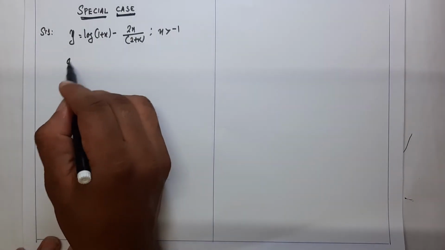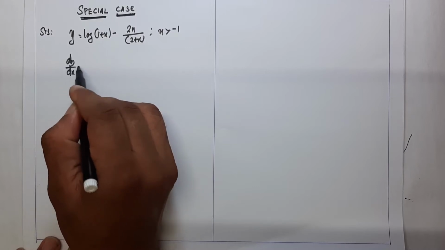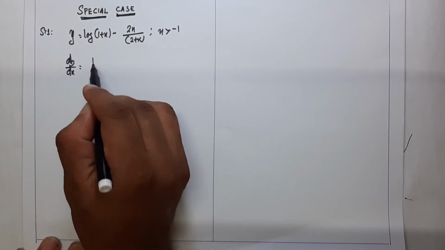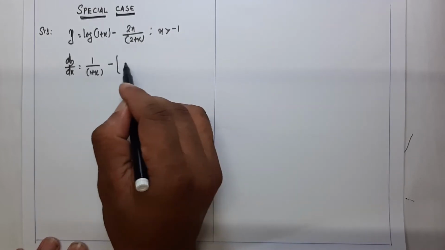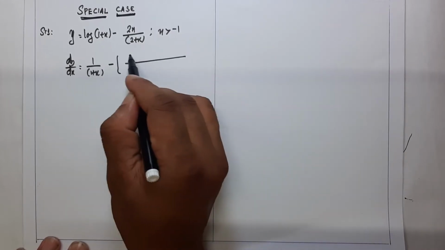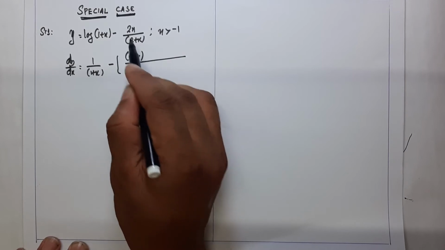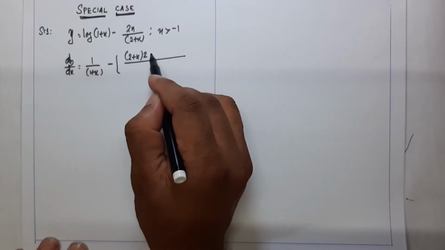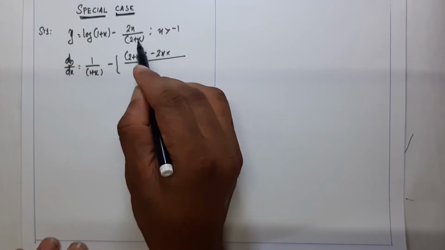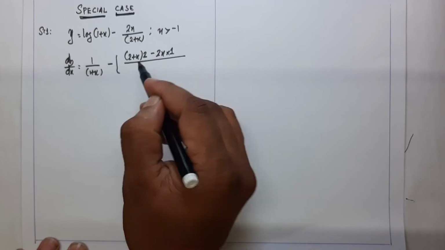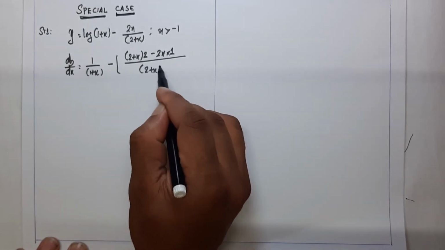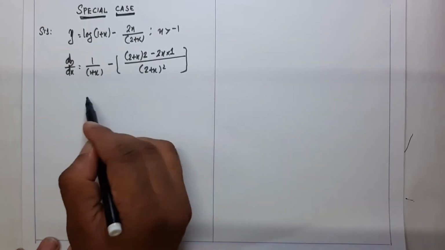So first of all we find the derivative dy by dx. You know the derivative of log 1 plus x is 1 divided by 1 plus x. Minus, here we apply the quotient rule: 2 plus x into the derivative of the numerator, which is 2 minus 2x into the derivative of the denominator, 2 plus x, where the derivative of 2 is 0 and of x is 1, divided by 2 plus x the whole square.